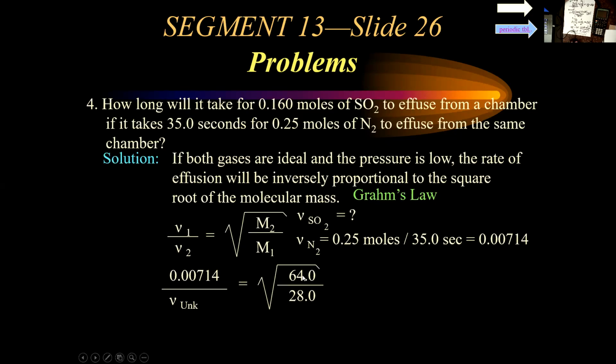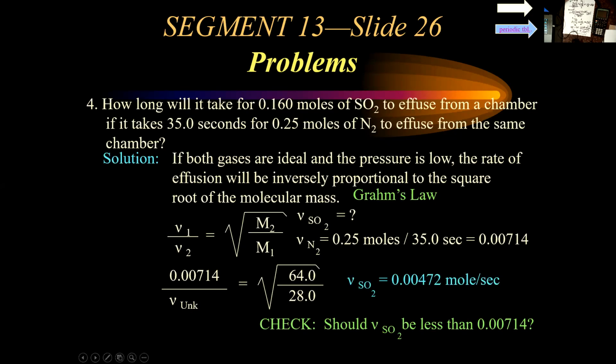Molecular weight of my SO2, 32 plus 2 times 16 is 64. Remember, these go opposite. And 28 for the molecular weight of N2, 2 times 14. Do the math. I solve for the velocity. Velocity is 0.00472 moles per second.